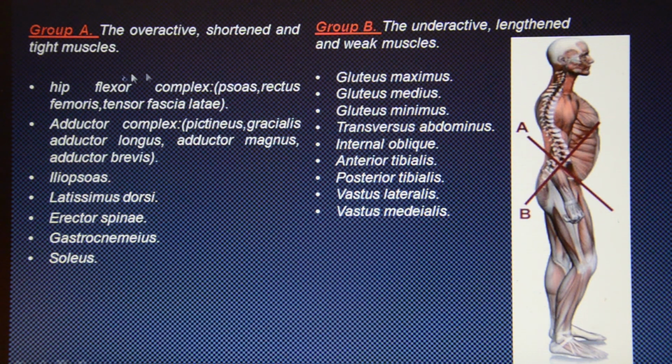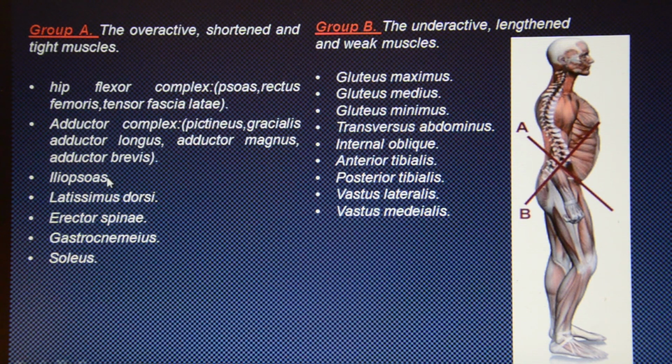In group A there are hip flexors, and these are psoas, rectus femoris, tensor fasciae latae. Then we have adductor complex muscles such as pectineus, gracilis, adductor longus, adductor magnus, adductor brevis.